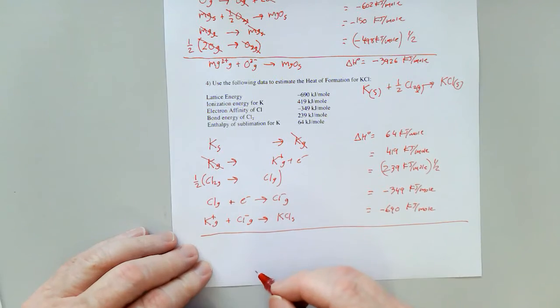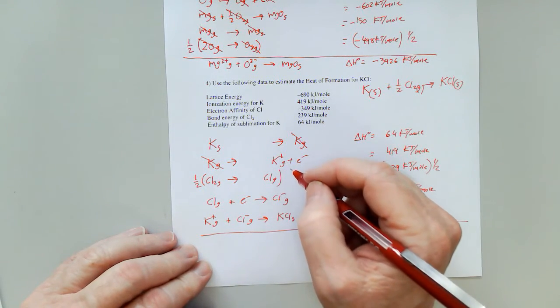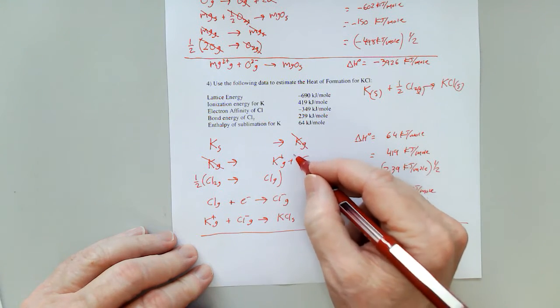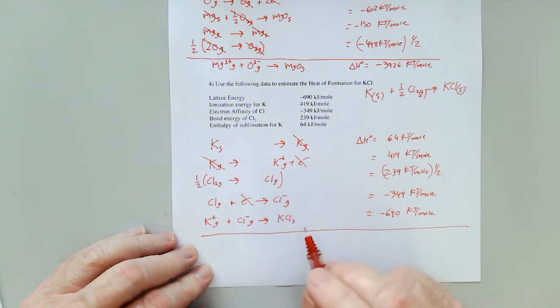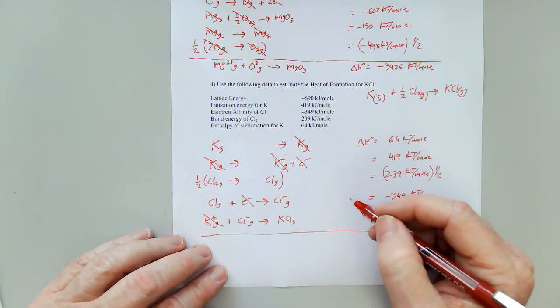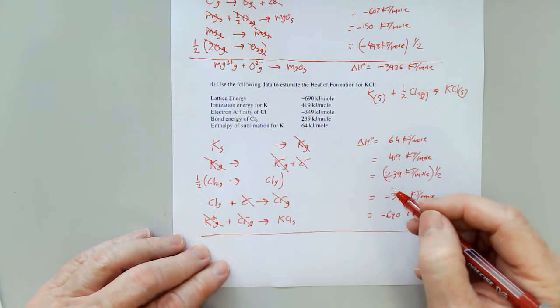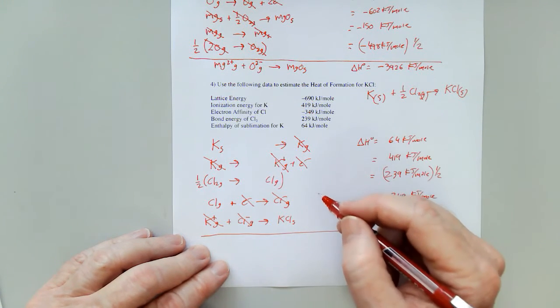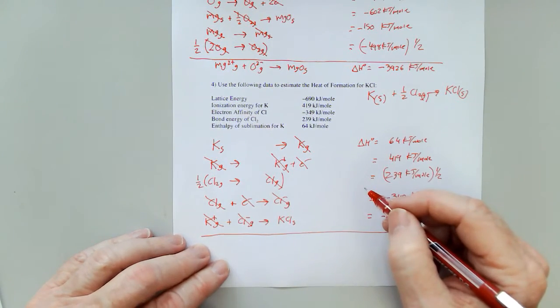K gas is going to cancel. K+ gas, okay, and the electrons are going to cancel. That's nice. Okay, K+ gas and K+ gas are going to be gone. The Cl- and the Cl- are going to be gone. Okay, and now the Cl gas and Cl gas are going to be gone.